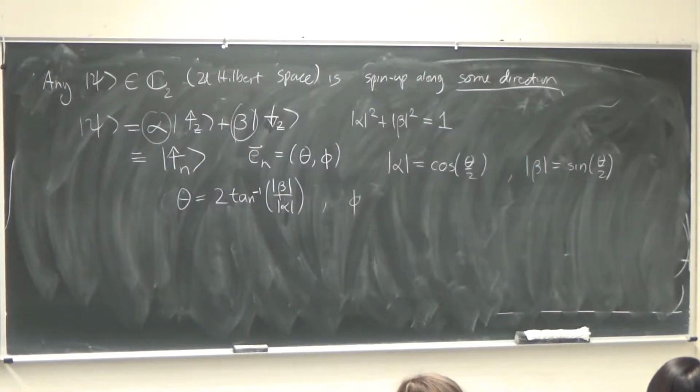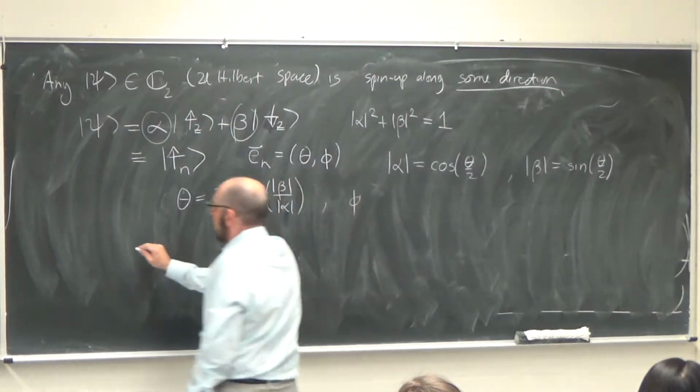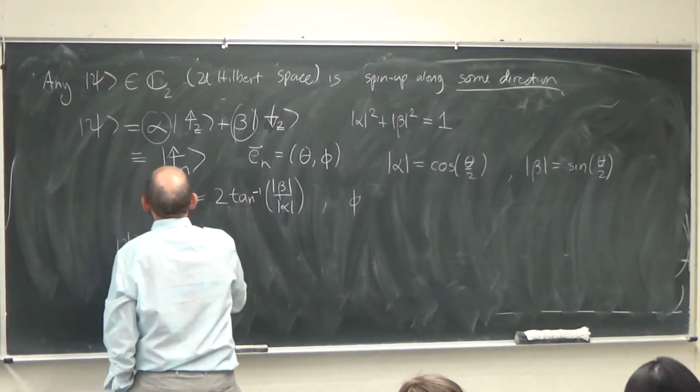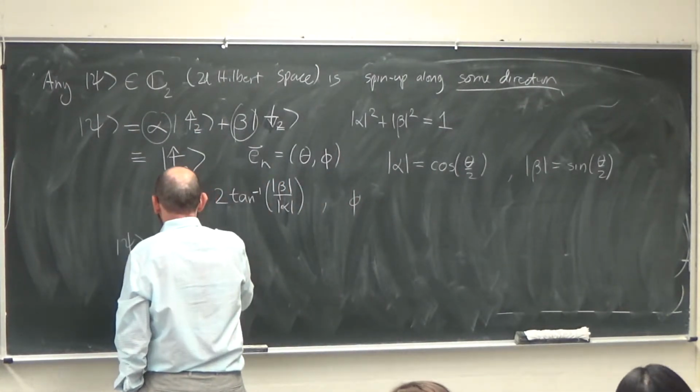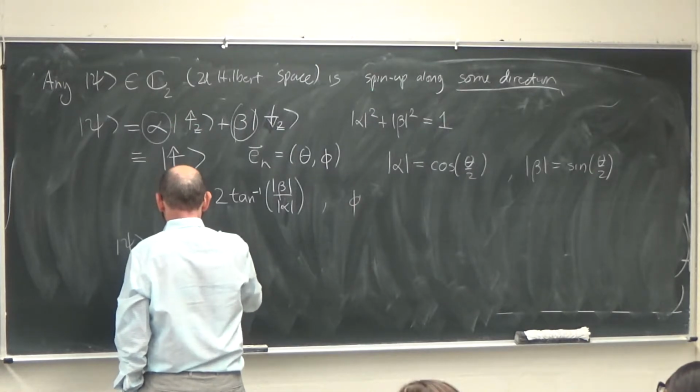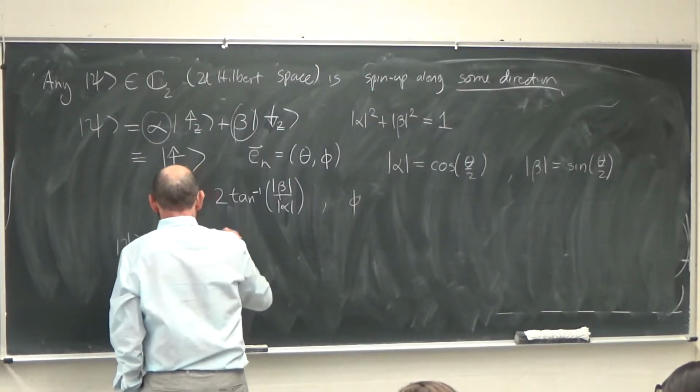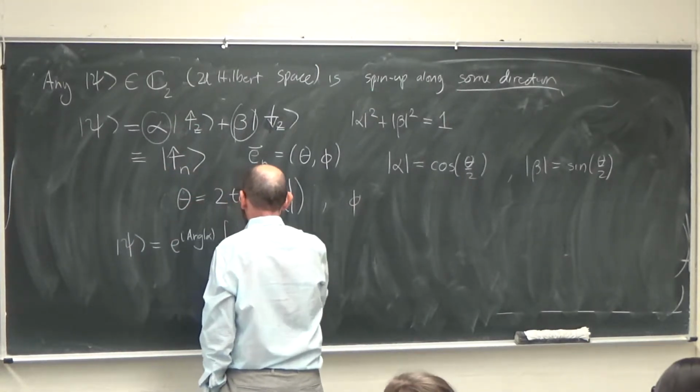We just have to make a global phase out. Yep, exactly. So I can write it, as we're suggesting, by factoring that out.